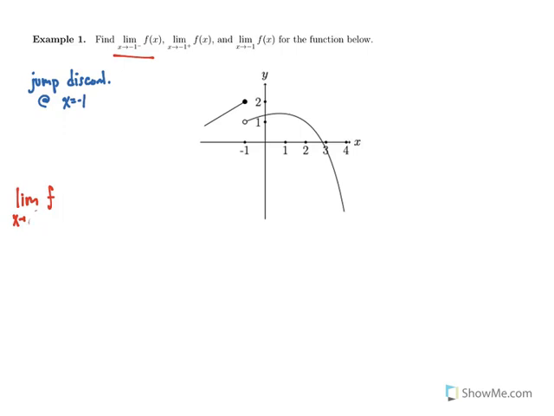We're doing x approaching -1 from the left. So we are looking at the x values approaching -1, and we're looking at the corresponding y values on the function and seeing what those approach. And they seem to approach the y value of 2.